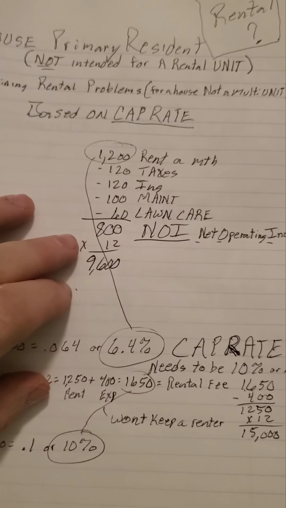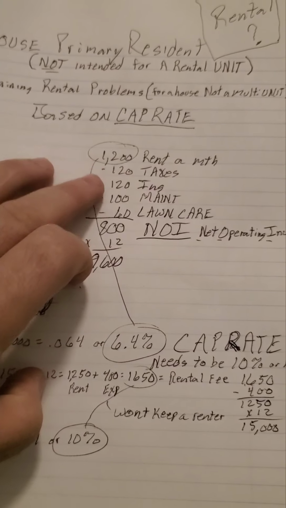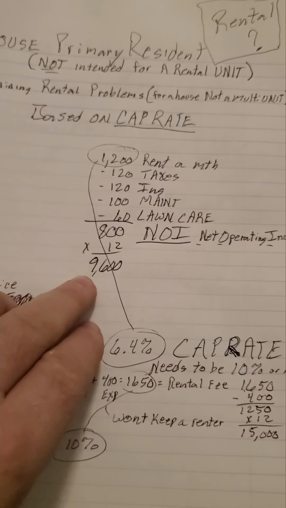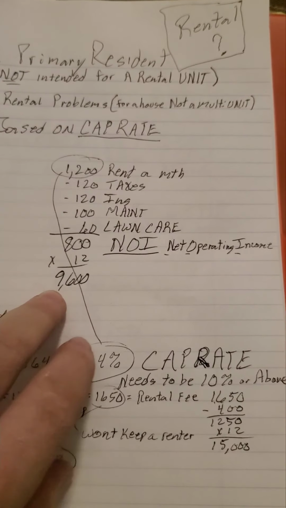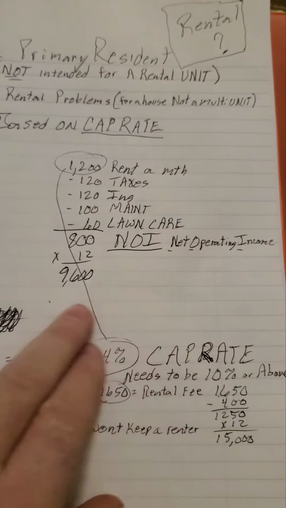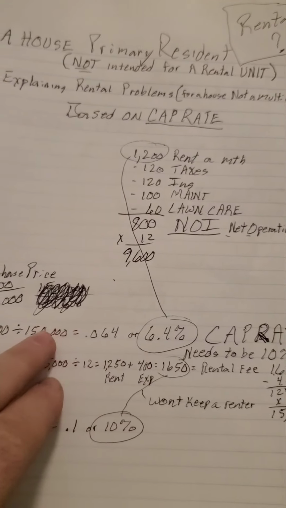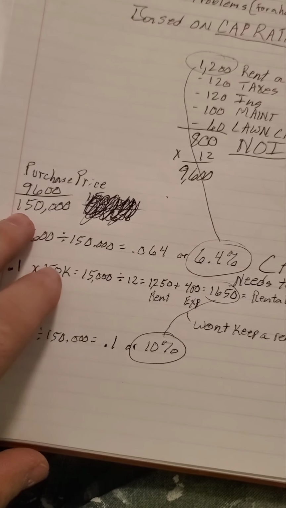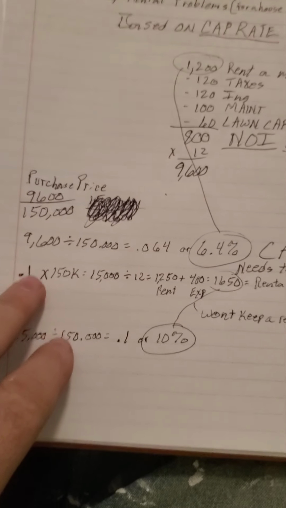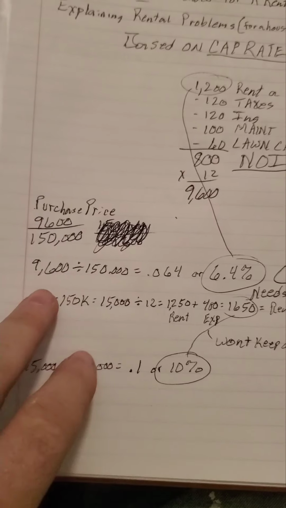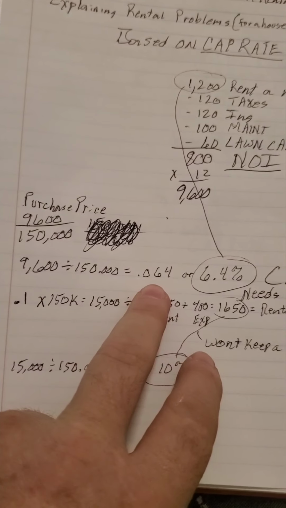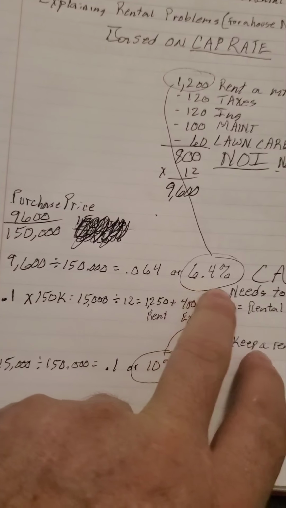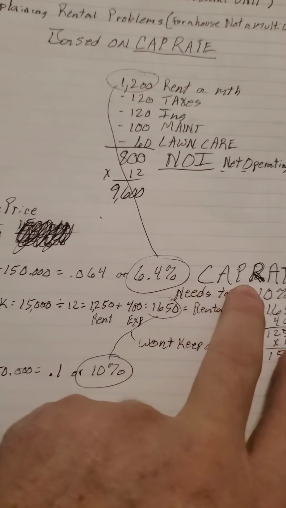I didn't include that, but $1,200 minus these expenses is $800. $800 times 12, my NOI, net operating income, is $9,600. Dividing that $9,600 by the purchase price of $150,000 gives me 0.064, or converting decimal to percent, a 6.4% cap rate.